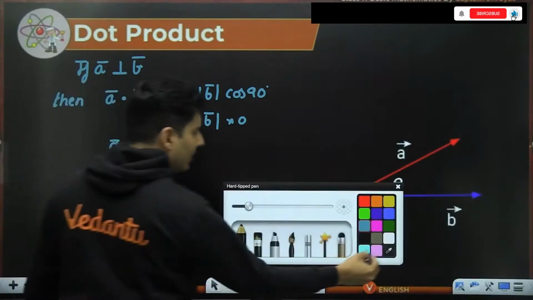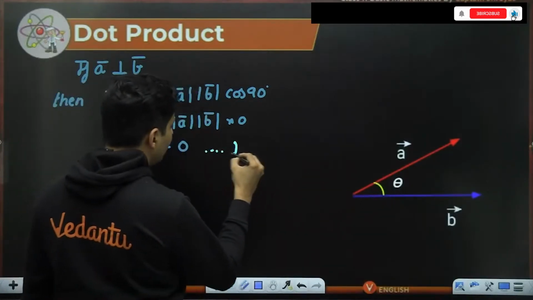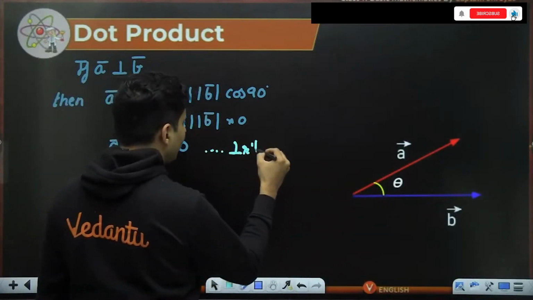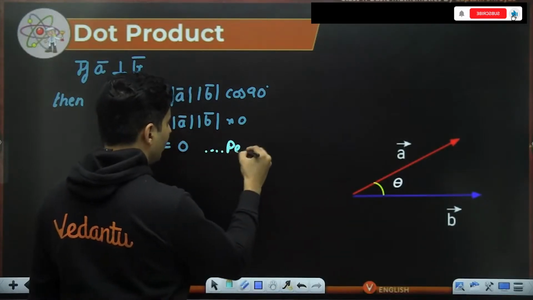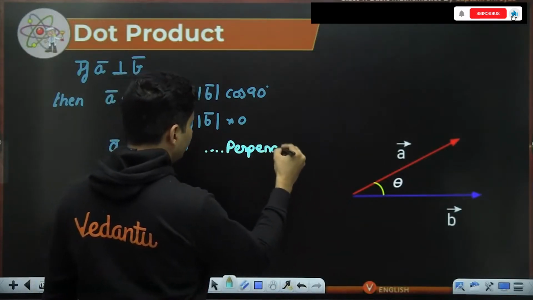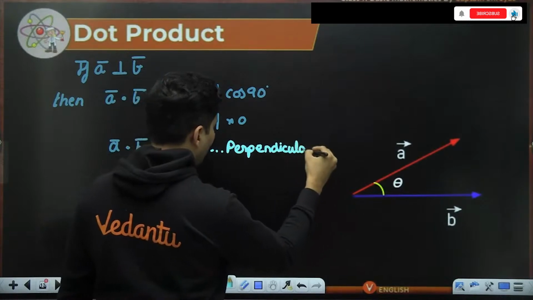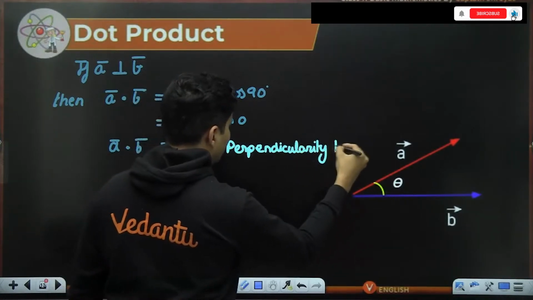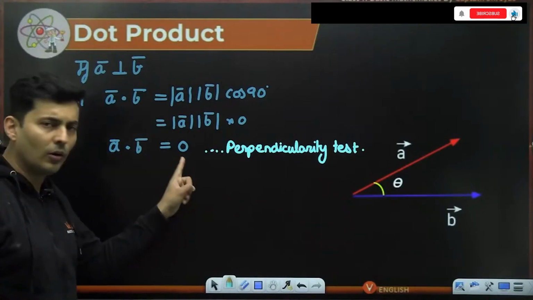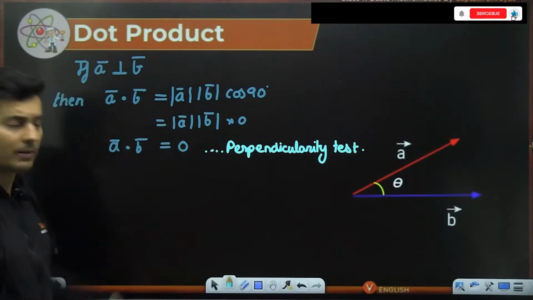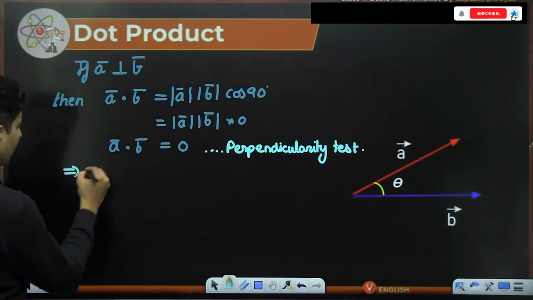This in fact is then called the perpendicularity test, which means if the dot product of two vectors is 0, then the vectors must be perpendicular. This is very, very important.